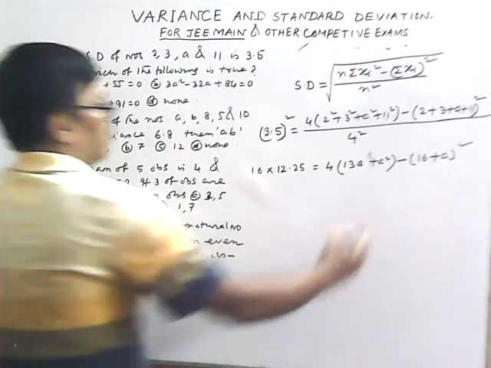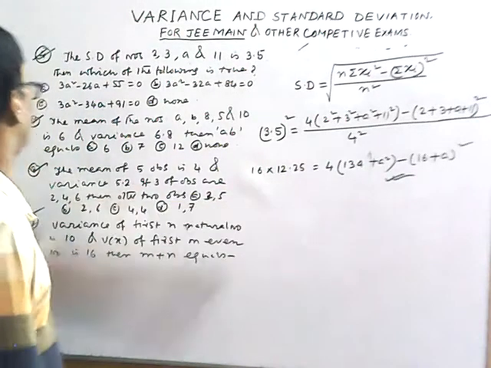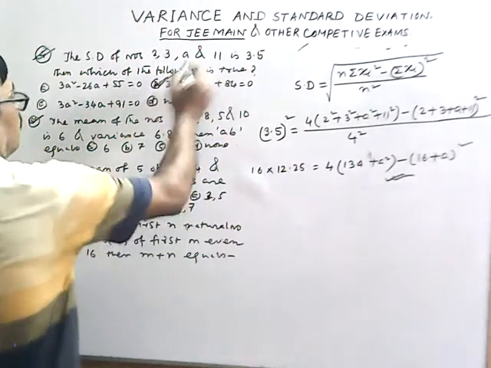So simplifying, we get the result. Simplify and put the value. So we get this one, result B.